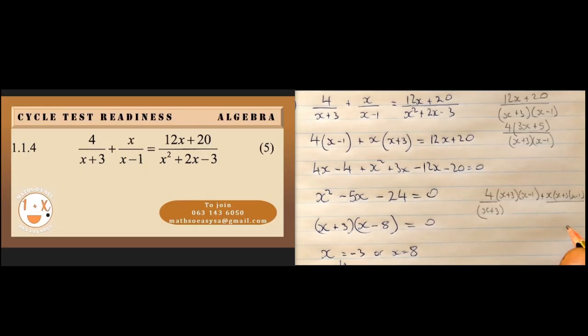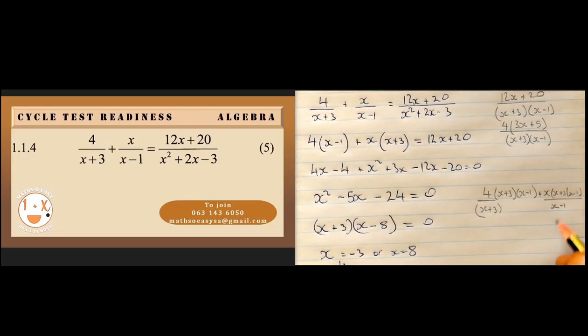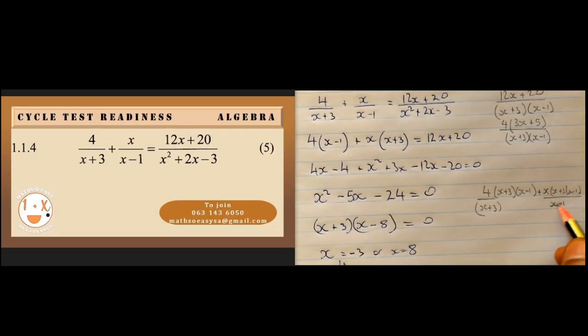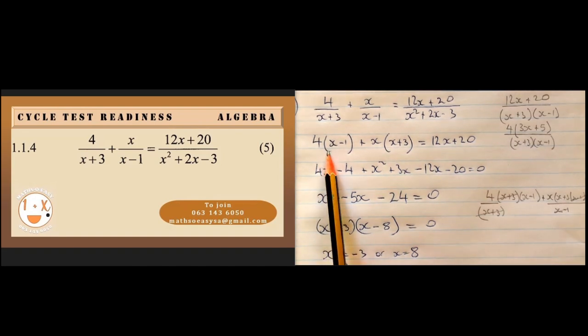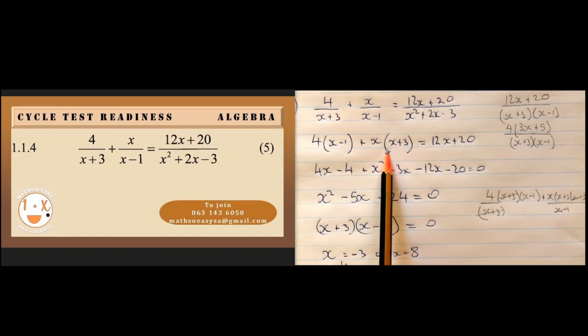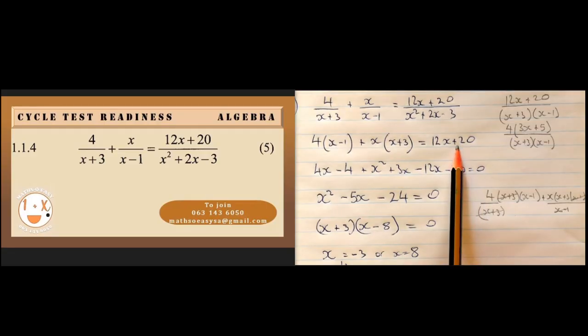This one is over x minus 1. So what happens? This x minus 1 cancels this x minus 1. And then this x plus 3 cancels that x plus 3. Then what are you left with? You are left with this situation. And that situation there didn't help you. It means you must still come back to this.